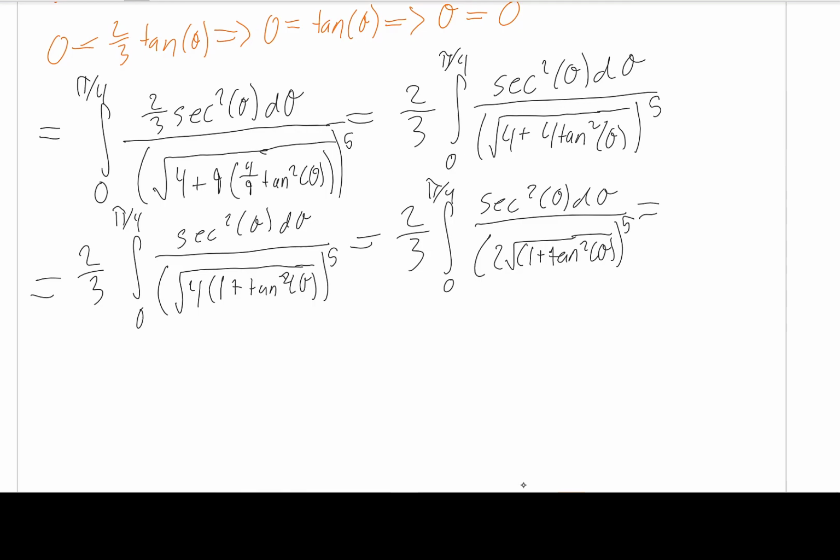So that's why we get 2 over 3 times 2 to the 5th, which is 1 over 3 times 2 to the 4th times the integral from 0 to pi over 4 of secant squared theta d theta over, let's see, I'm going to go ahead and rewrite this as a fraction now, so we'll have 1 plus tan squared theta to the 5/2.